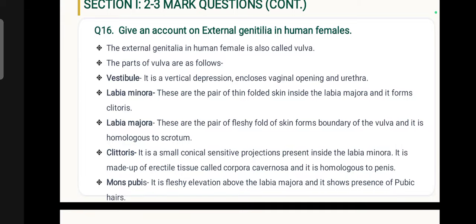Labia majora, pair of fleshy folded skin makes the boundary of vulva and is homologous to scrotum. Labia majora is similar to scrotum. Clitoris, it is small conical sensitive projections inside the labia minora and it is homologous to penis.